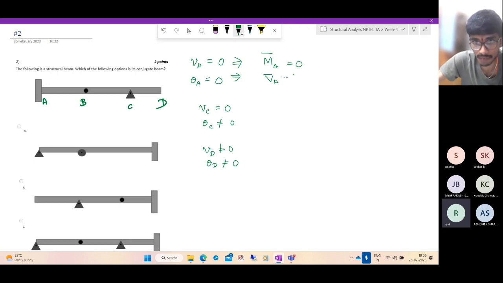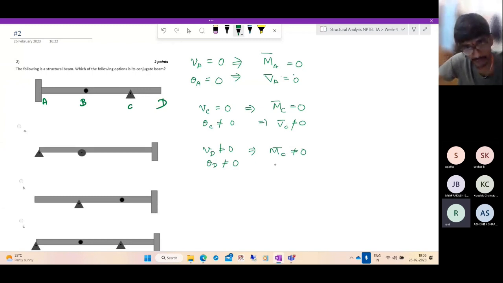Shear force on the conjugate beam at point A is 0. This means the moment at point C in the conjugate beam is 0, and the shear force at point C is not 0. And at D, the moment is also not 0 and shear force is also not 0.